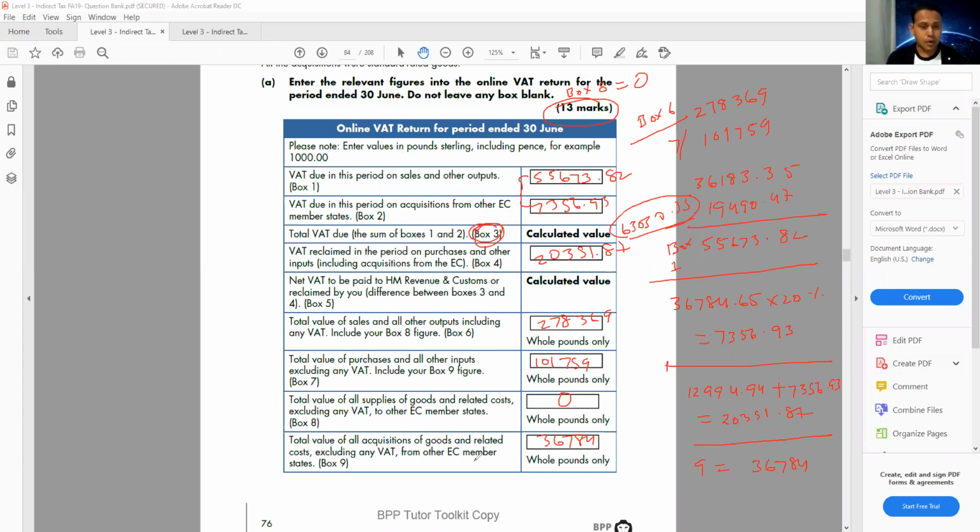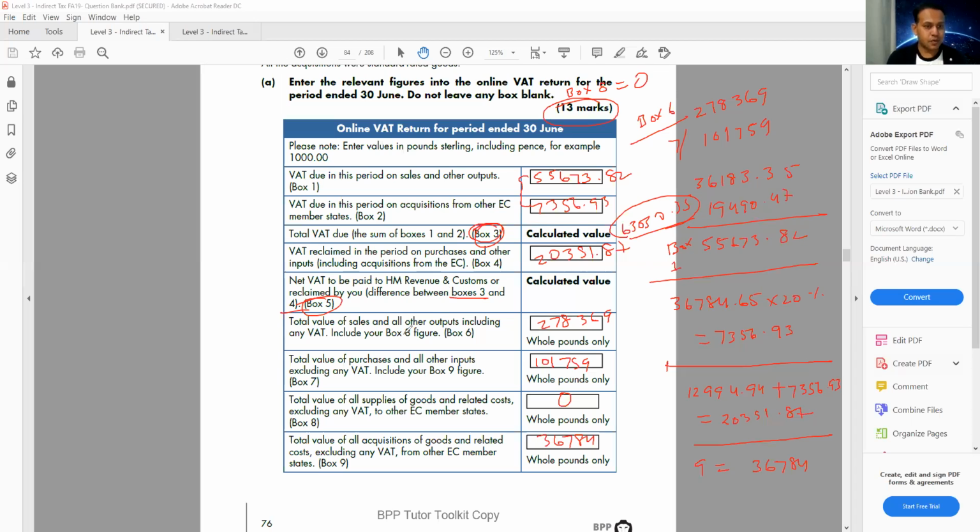And for box 5, it is the difference between box 3 and box 4. So now we have box 3 and we can subtract box 4. Box 4 we have 20,351.87.